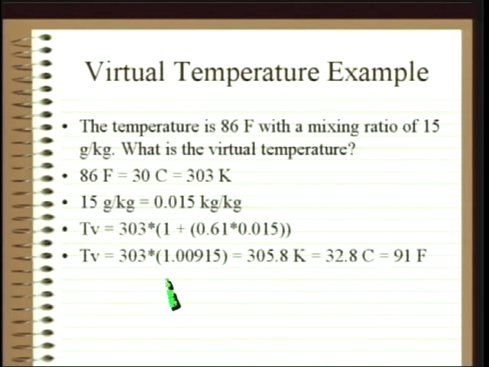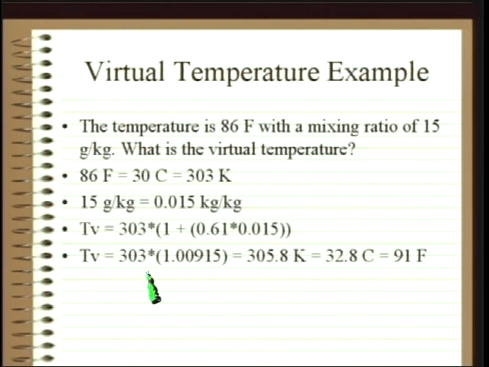And when this small number that you'll get here is added to 1, you'll get 1.00915. So this value here, when you're solving the equation, is always going to be a little bit bigger than 1, because once that's multiplied by the temperature, you'll get a value that's a little bit larger. The virtual temperature is always going to be a little bit larger than the actual temperature, because we need to account for the moisture that's in the air.